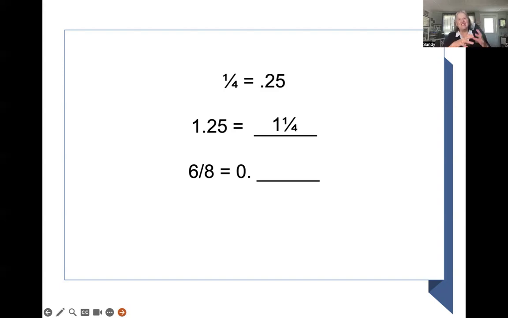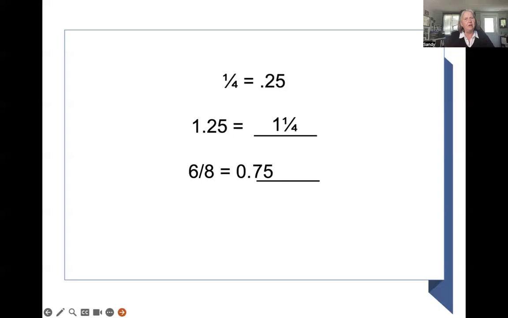Well, if I've done enough with those fraction kits and I've worked through equivalencies in terms of number lines and same size pieces and all of that, I know that 6/8 is the same as 3/4. Well, if 1/4 is 25 hundredths, what would 3 of those be? See, it lets me go through that reasoning, and I know I don't have to immediately go to long division. I can reason through what the decimal equivalents are.